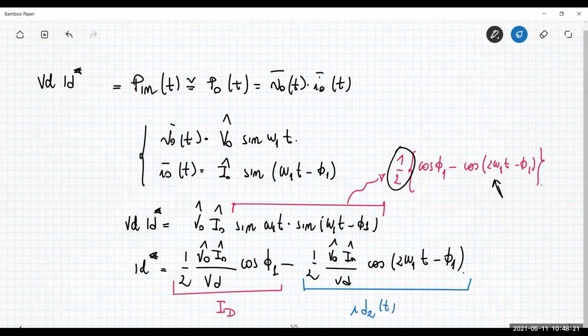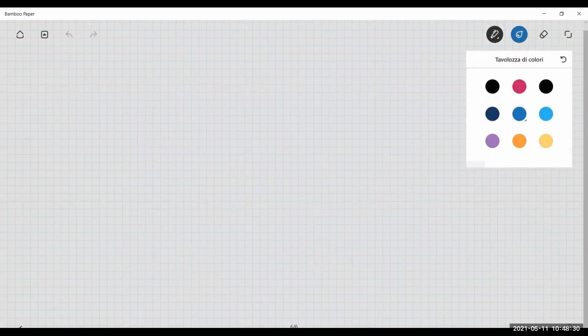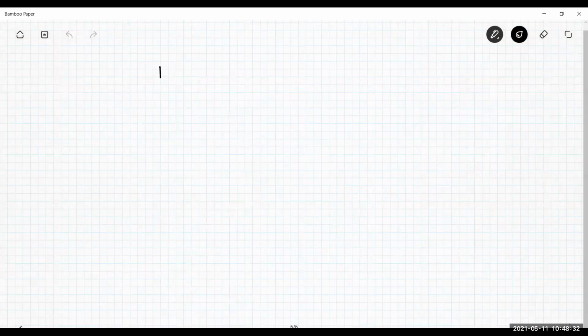It's a current that switches at twice the frequency f1. So ID star is equal to a DC component minus an AC component at twice the frequency, so a frequency of 2 omega 1. And this is DC.